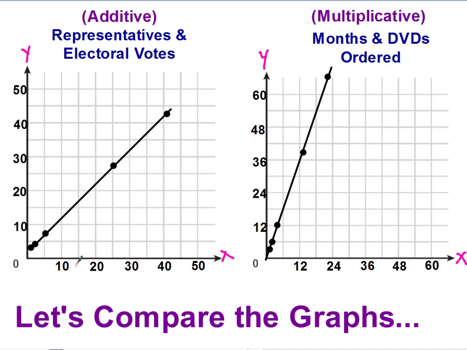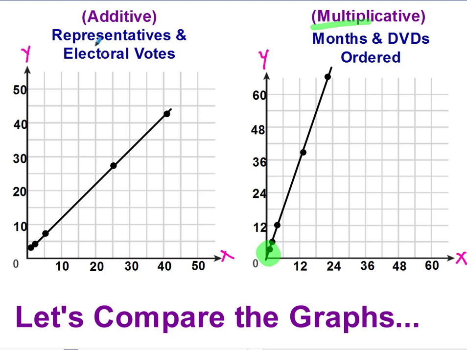Okay, so if I see here, I see that there's a x-axis and a y-axis on both. They both have plots. They both have a straight line. But the main thing that I want you to focus and look at is that a multiplicative relationship starts and always will start at 0.